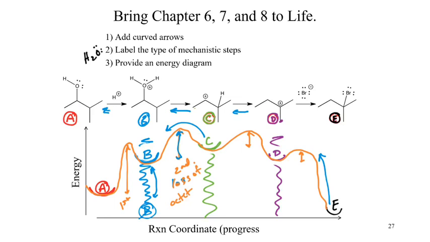Okay? So while C may be higher in energy than B, I wouldn't expect a whole lot of that to form, but once it forms, that's going to favor products.